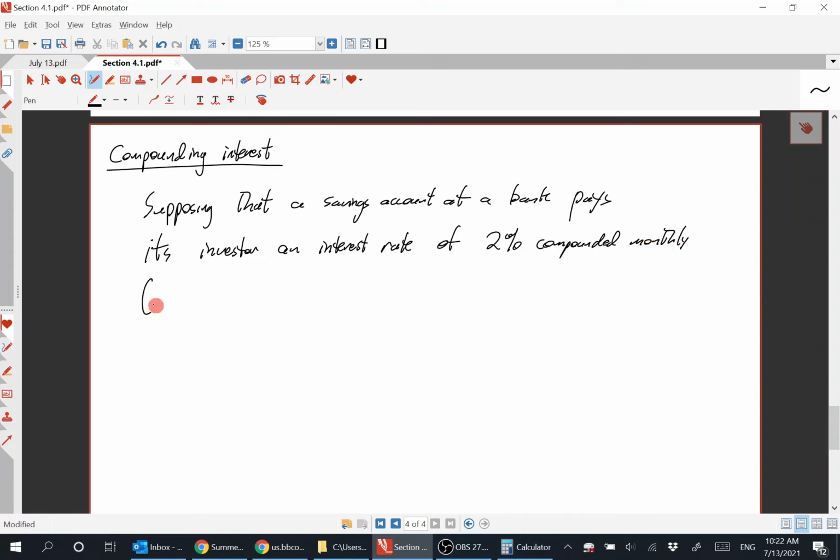That is 12 times a year, in roughly equal time spans. 12 times per year in roughly equal time spans.